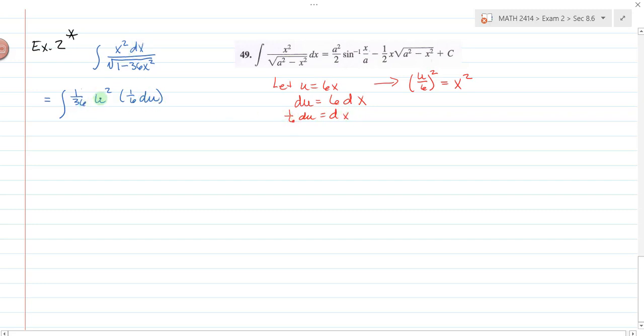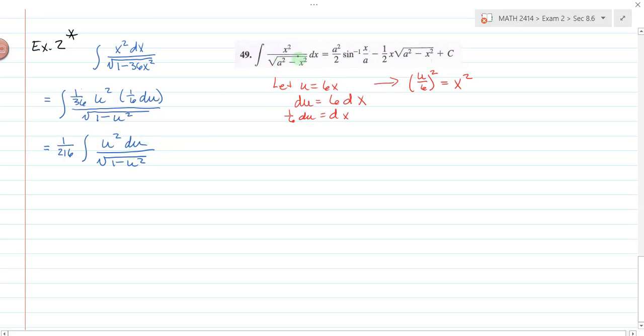This 1 over 36 u squared replaced the x squared, and this is divided by the square root of 1 minus u squared. So now I've got some constants that I can pull out, and that's going to give us 1 over, what is 6 cubed? 216? The integral of u squared du over the square root of 1 minus u squared.